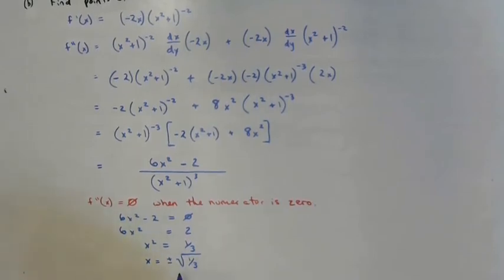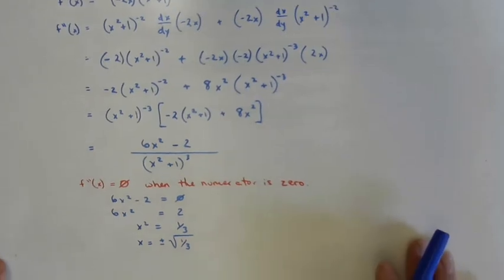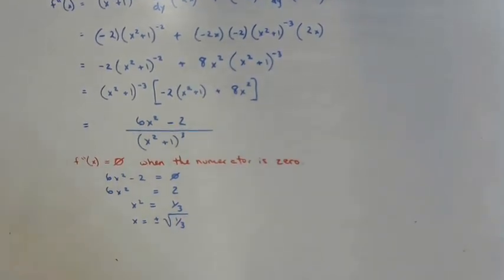If there are sign changes here, then we actually have 2 points of inflection. So does the graph of the second derivative change from positive to negative or negative to positive at these zeros? Just to give us a bit of context, I'm just going to draw a number line.